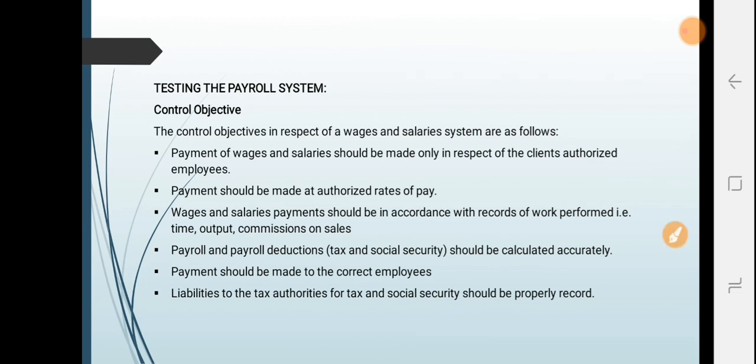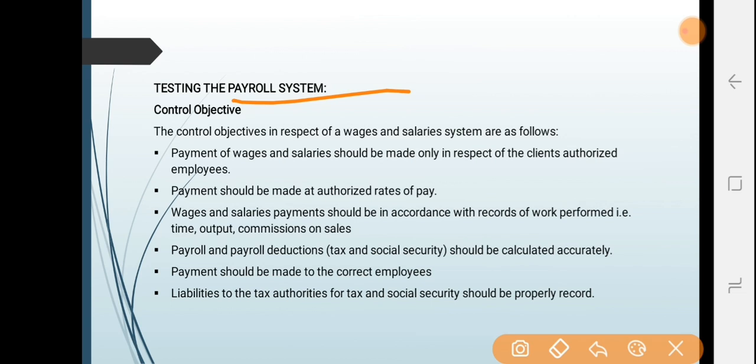The first one is the control objective and control procedures regarding a payroll system. Okay, the testing of payroll system with the control objective and control procedure. So here first we will start with the control procedure with respect to the testing of payroll system.